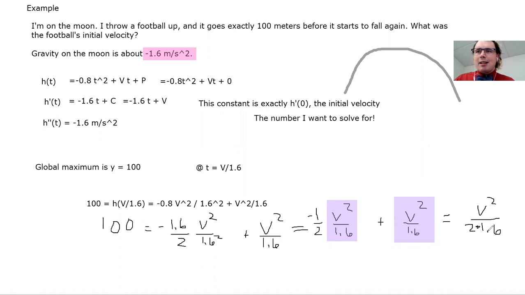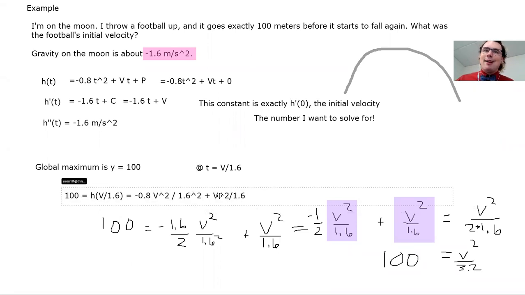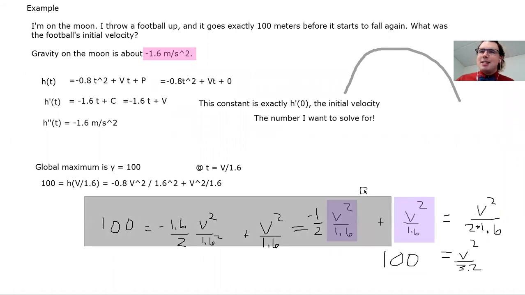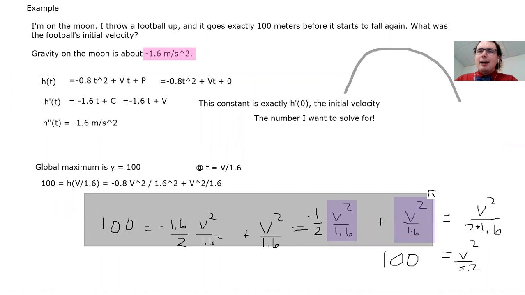So this one is multiplying, that's a decimal. Maybe I'll call that v squared divided by 3.2. That looks pretty good. v squared divided by 3.2 is 100. I like that a lot. That's the number that I want in an equation that's not too bad.